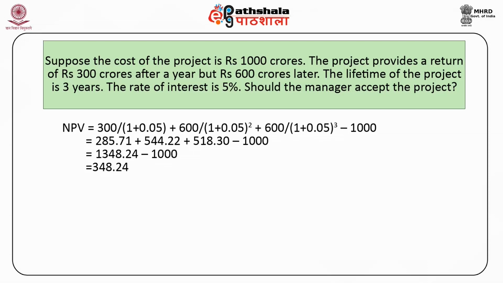NPV is equal to 300 divided by 1 plus 0.05, plus 600 divided by 1 plus 0.05 to the power 2, plus 600 divided by 1 plus 0.05 to the power 3, minus 1000, that is equal to 285.71 plus 554.22 plus 518.30 minus 1000, that is equal to 1348.24 minus 1000, which is finally equal to 348.24.